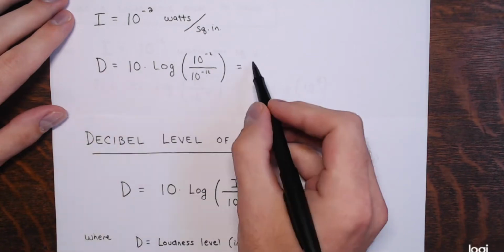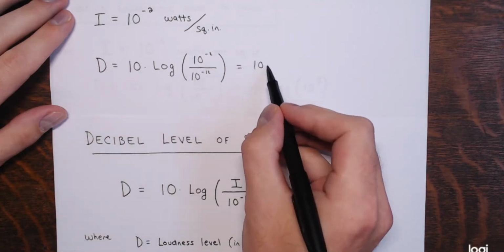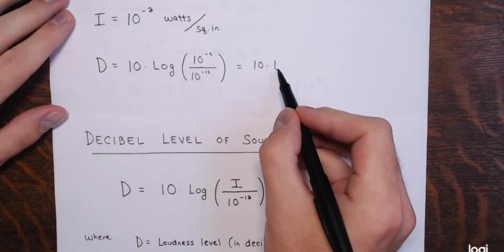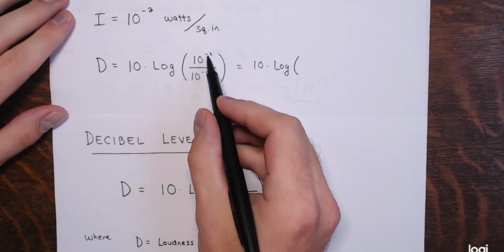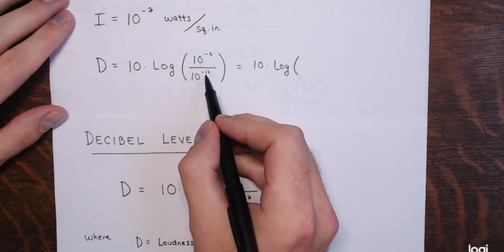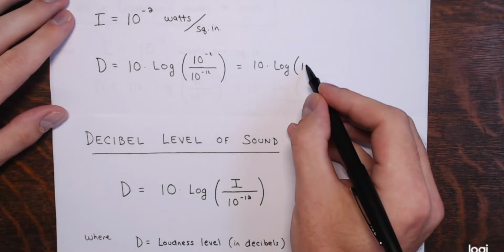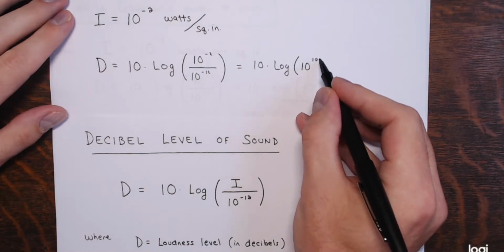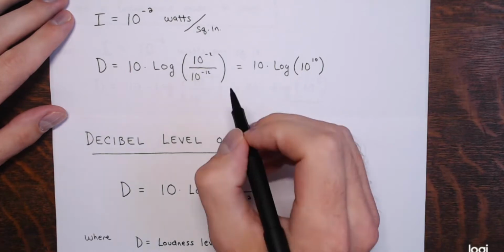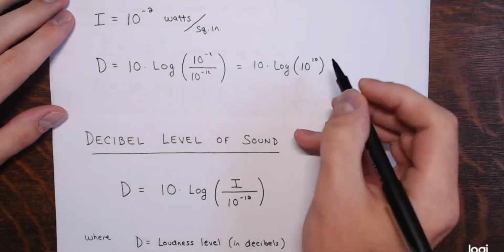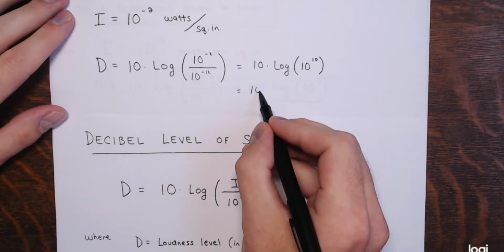So this is 10 times the log base 10. Now 10 to the negative 2 divided by 10 to the negative 12 would be 10 to the positive 10 power, right, negative 2 minus negative 12, or negative 2 plus 12.